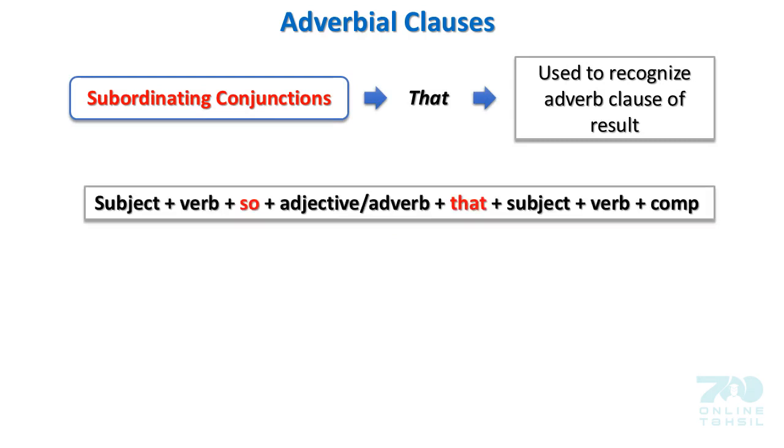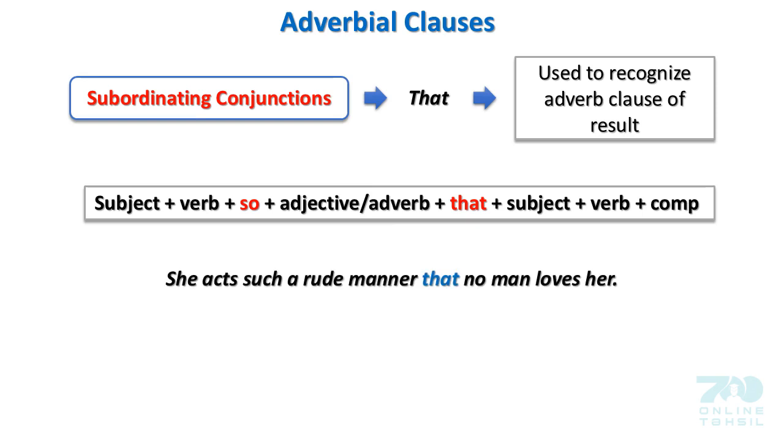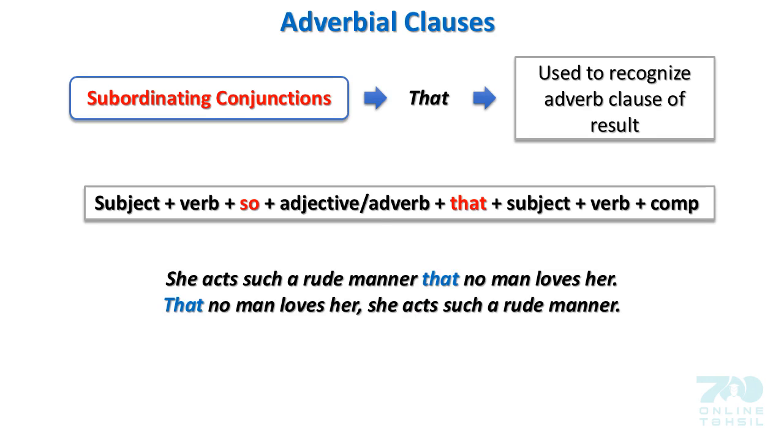Subject plus verb plus so plus adjective, adverb, plus that plus subject plus verb plus complement. Example: she acts in such a rude manner that no man loves her. That no man loves her, she acts in such a rude manner.